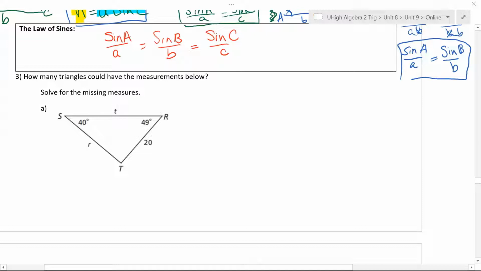So we can prove triangles are congruent using side, side, side congruence, side, angle, side congruence, angle, angle, side congruence, angle, side, angle congruence.